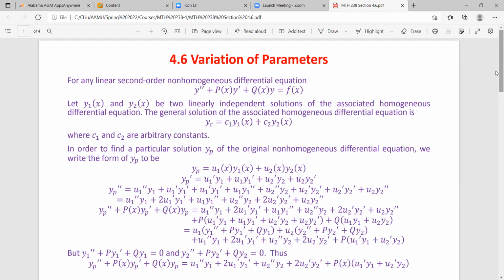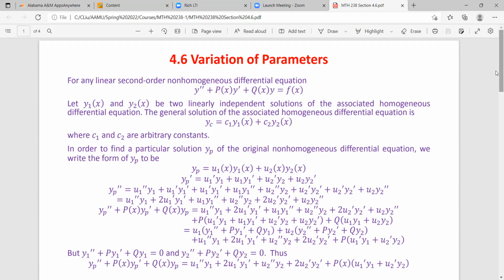Remember, u1, y1, u2, y2, they are all functions of x. And when you take the derivatives, u1 prime, y1 prime, u2 prime, y2 prime, they're all functions also. So we have to use the product rule for each term. Then we're going to get 8 terms in yp double prime.